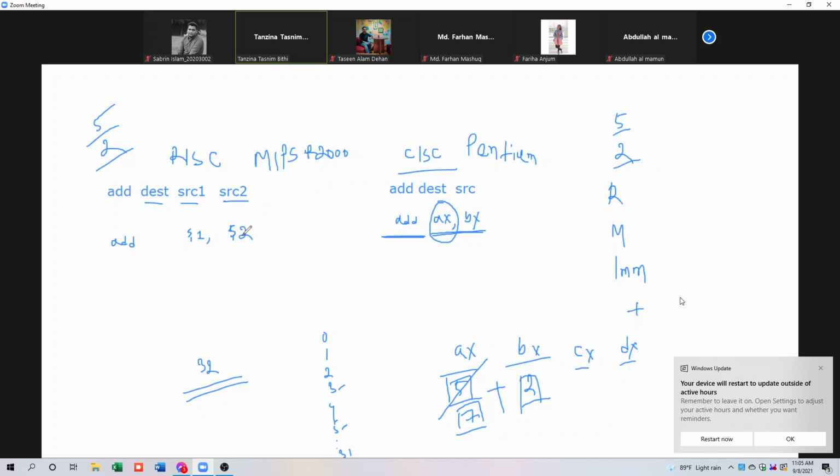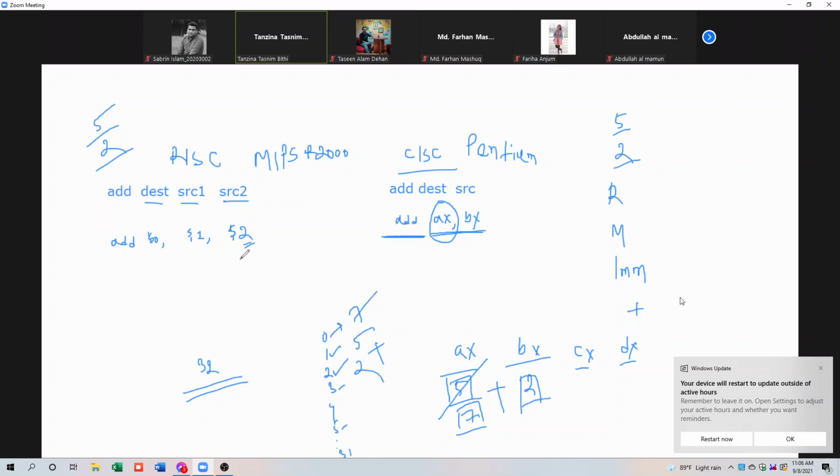The source operand should start with the dollar symbol and then we just write the address of the register. So the source operand is 1 and another source operand is 2. In these two registers, the source operands 5 and 2 are stored. After adding these two data, now suppose the destination operand is 0. Okay, so now in this register, the result will be stored.